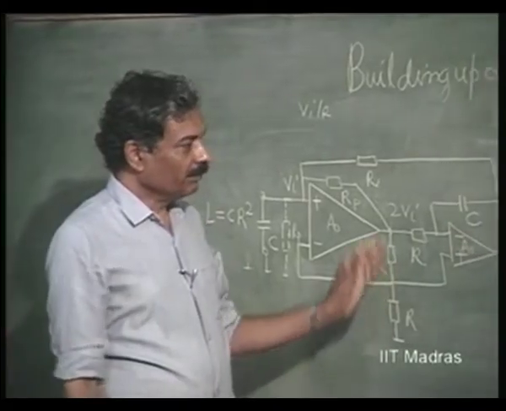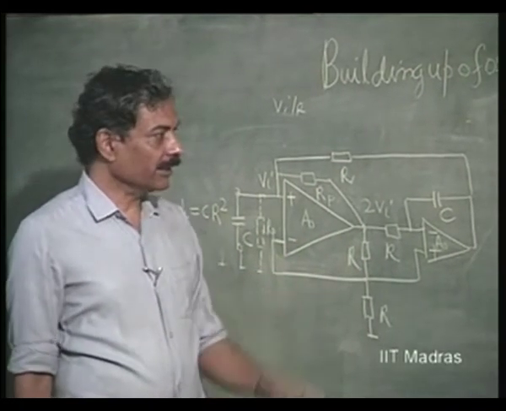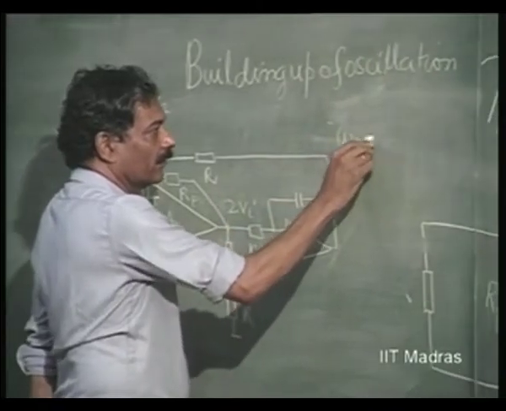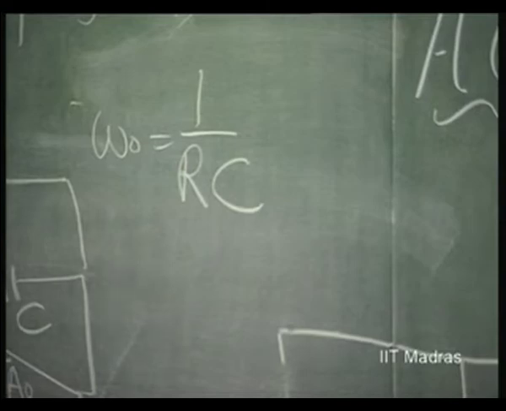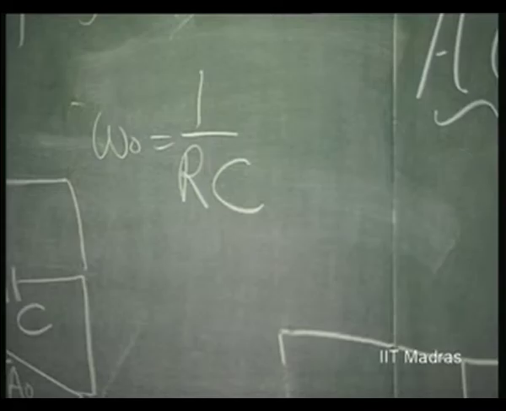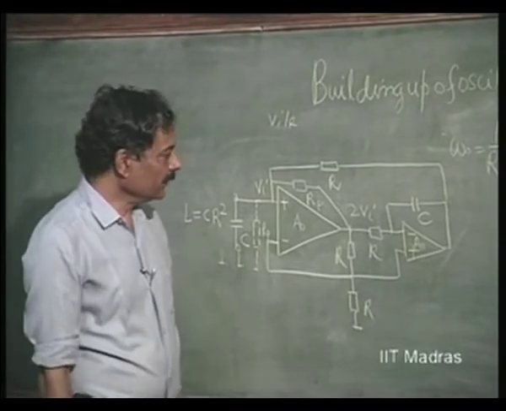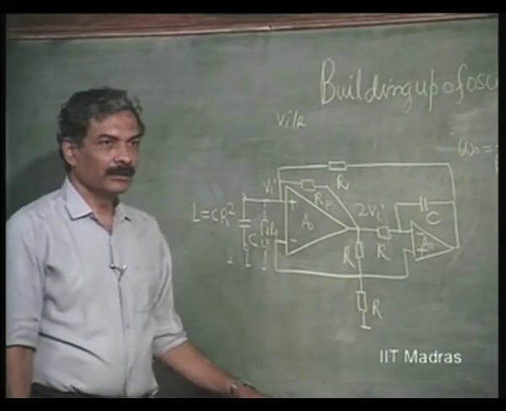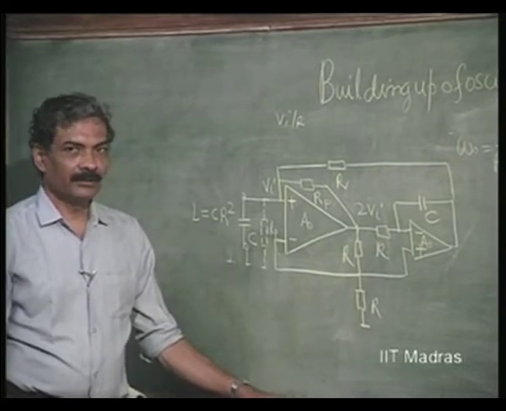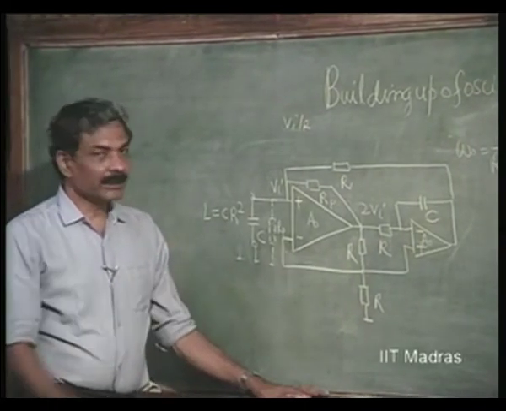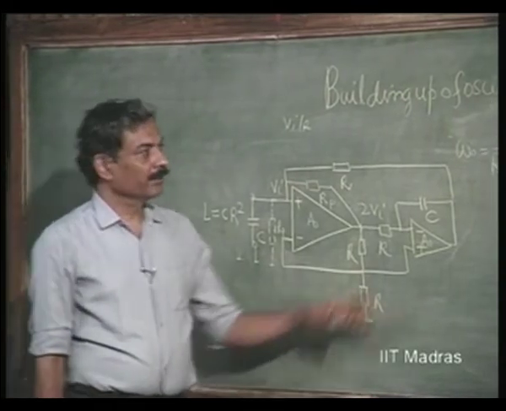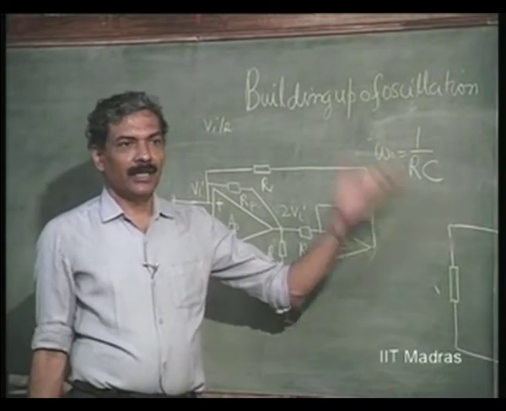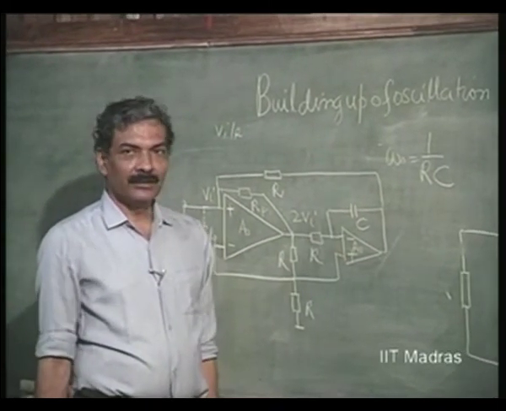It will burst into beautiful sinusoidal oscillation at frequency omega naught equal to 1 over R into C. The poles therefore lie exactly on the imaginary axis. So, this is what is called a gyrator oscillator. It uses only resistors and capacitors, and you can vary the capacitor and make the frequency vary.